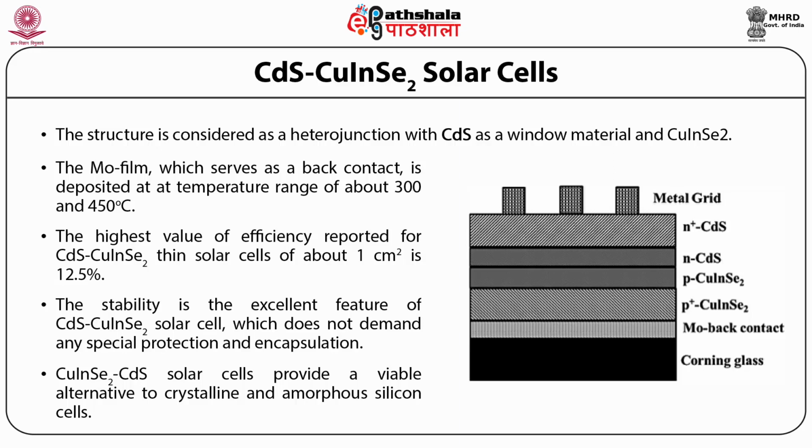Hence, it is believed, therefore, that this type of solar cells provides a viable alternative to crystalline and amorphous silicon cells. Further, due to lower band gap of copper indium selenide, the solar cells based on this provide the substantial potential for use in tandem structures.